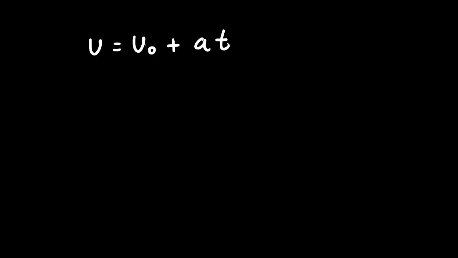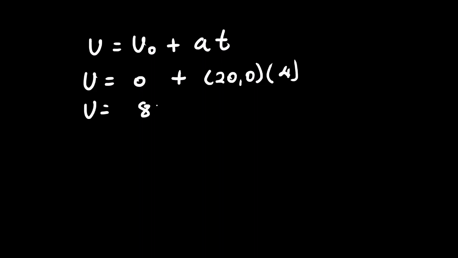V is the final velocity at B, VI is the initial velocity. So we have V is equals to 0 plus the acceleration, we have 20.0, and then our time we have 4. So our V is equals to 80 meters per second. Since it's positive, it's upward. This is the velocity at B.